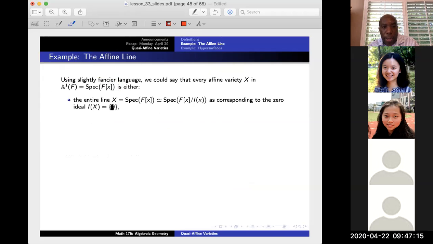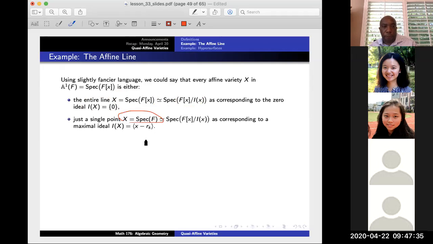Either it's the entire line, this is A1, and that should correspond to this quotient here, where I here is the zero ideal, or it consists of exactly one point. And that one point we can think of as spec F, right? Remember, if you have a field F, spec F consists of exactly one point. And that we can write here as F[x] mod I, where I here is the ideal generated by this one polynomial. So this here is a maximal ideal.